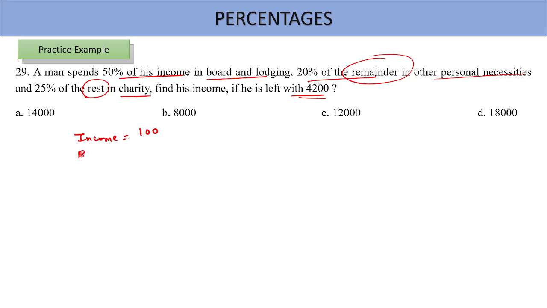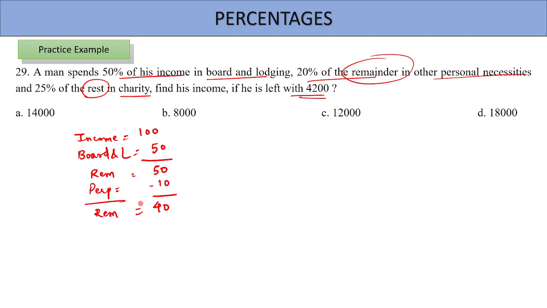He spent on board and lodging 50%, so he is remaining with 50 rupees. Now he is spending 20% of the remainder, that means 20% of 50 on personal necessities, which is nothing but 10. The remaining will be 40.